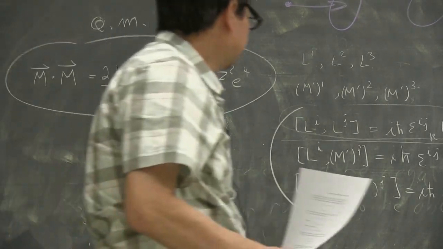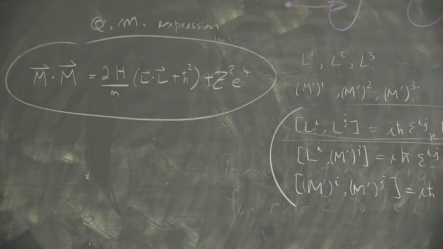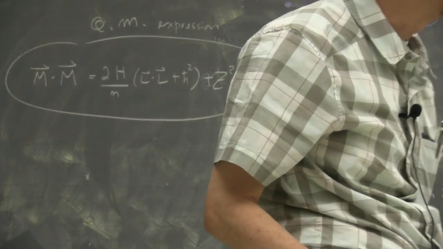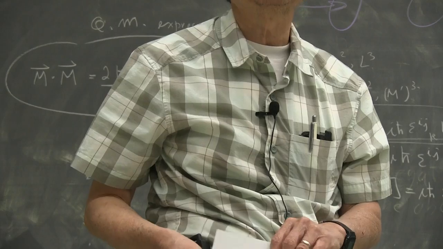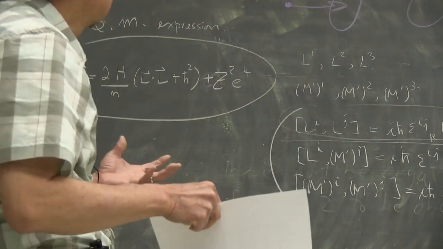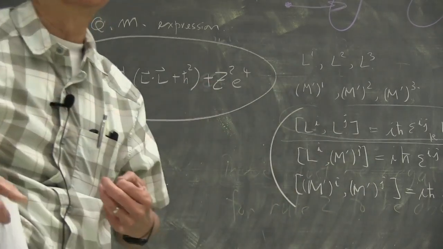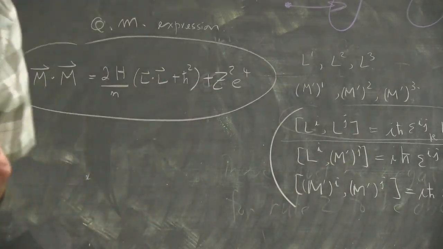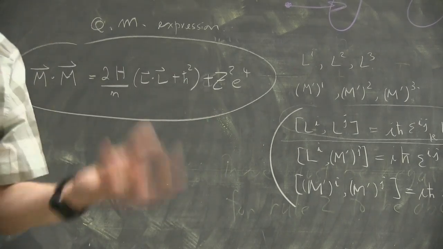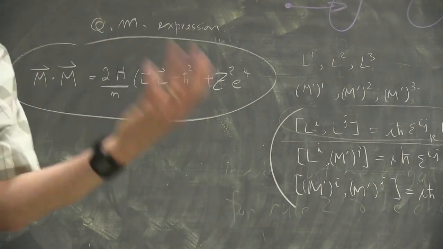The proof of this actually is quite long, but it's useful to know how that is done. So if you have time, I hope you can study the solution that I have provided to you, okay? It basically makes use of a whole bunch of commutation relations between the L's and the M's as specified here, and then between the R's and some function of R and so on and so forth.